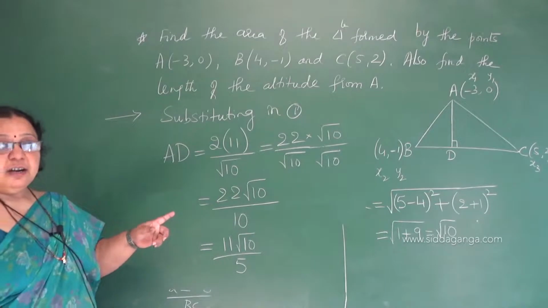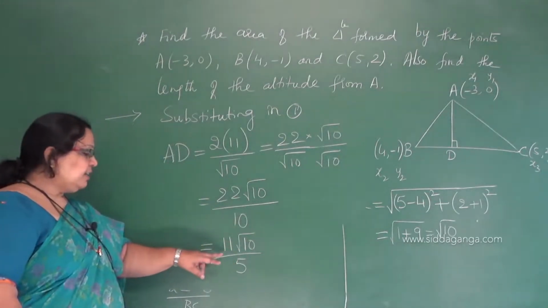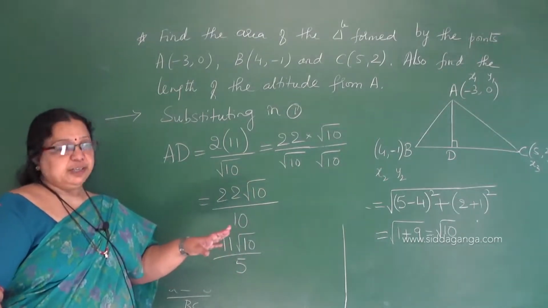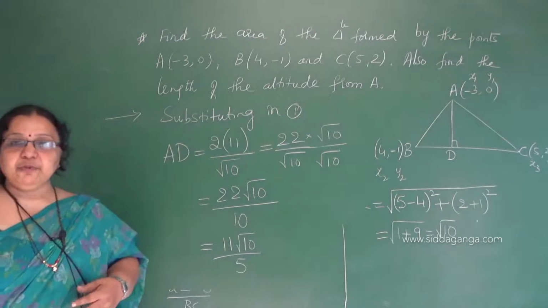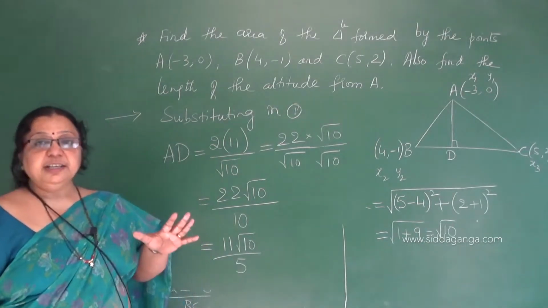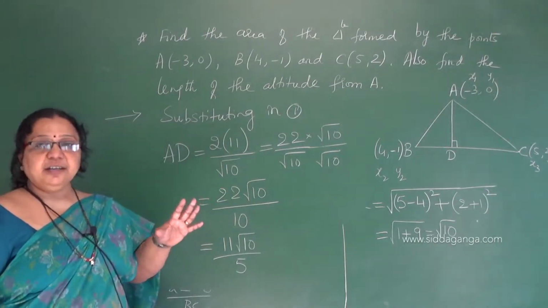So that is the altitude of the triangle is 11 root 10 divided by 5 units. So that is how we have to find the altitude or the length of the triangle, when the 3 vertices are given.